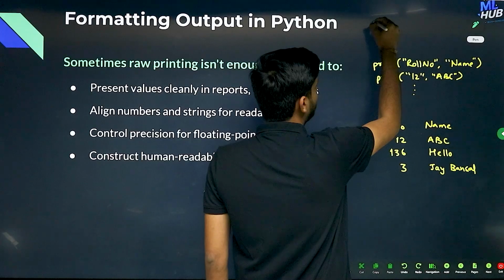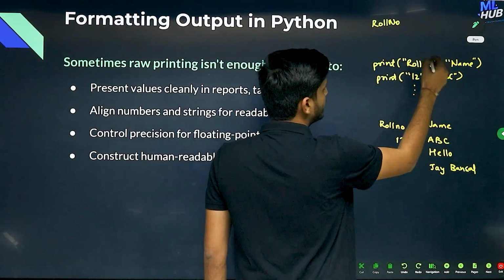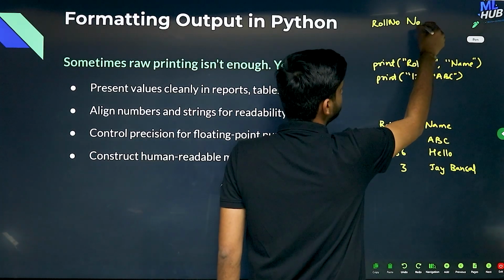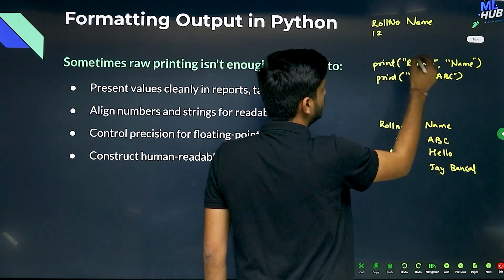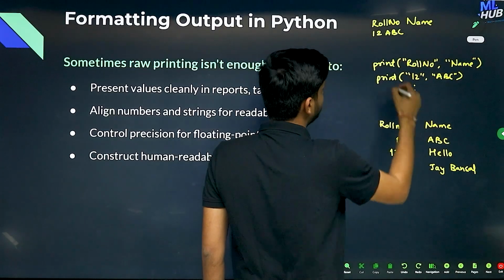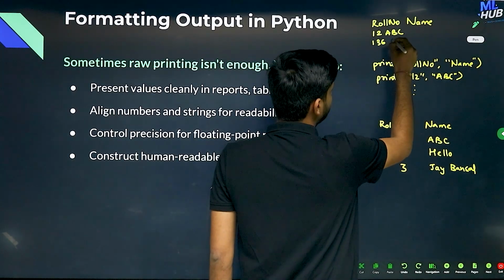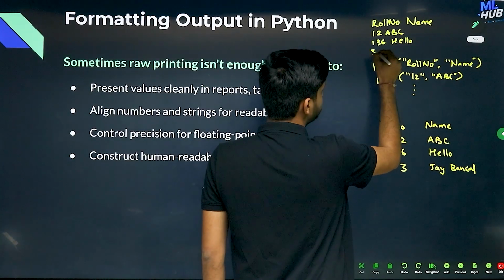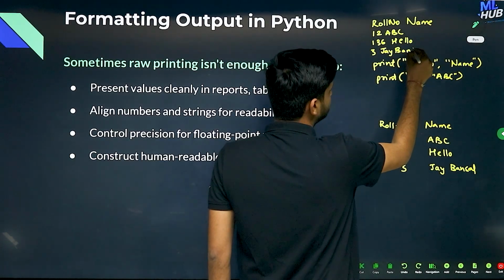It will first print roll number, and then a space will be added by default, and then name will be printed with a single space. Then in the next line 12 will be printed, then a space will be added and then ABC will be printed like this, and then 136 will be printed and then a space and then hello, then 3 and a space and then like this. This is how the output will be printed.